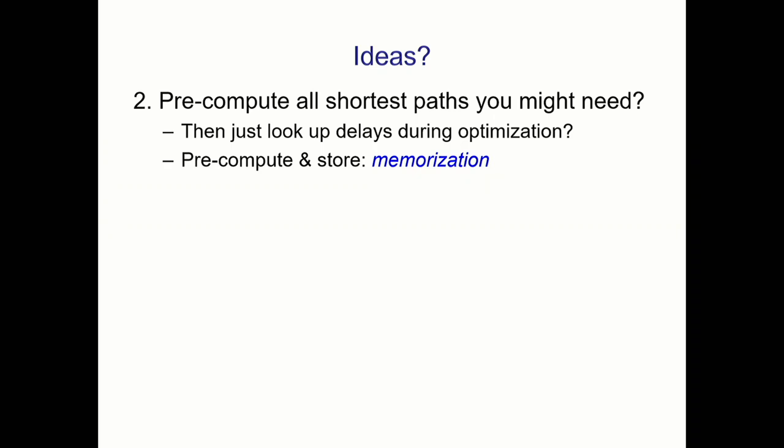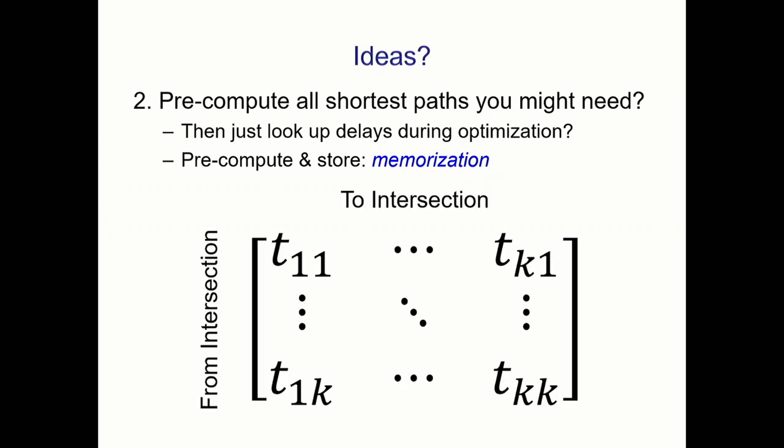Then once we need them in the actual algorithm, we can just look up the delay, and that's an O of one access because it's just an unordered map that you can hash into. Okay, so we build this big matrix from every intersection to every other intersection. We're going to calculate the travel time using the M3 algorithm beforehand and use that matrix during the algorithm. Is that clear? Yeah, okay.